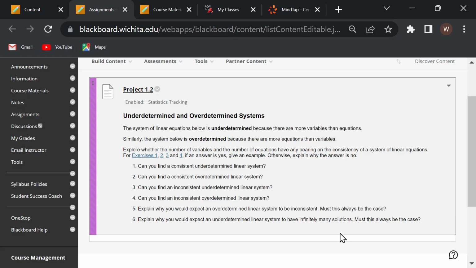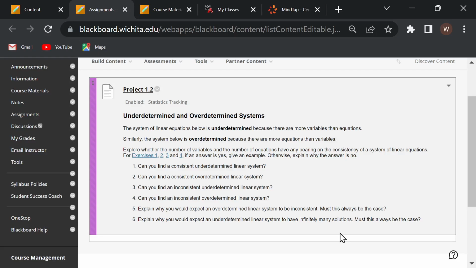Why would you expect an underdetermined system to have infinitely many solutions? Because there are too few equations to firmly pinpoint a specific solution. There you go.